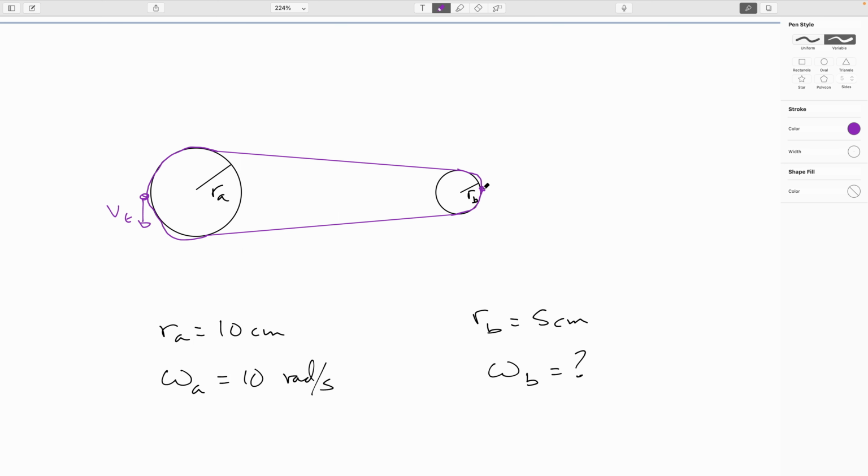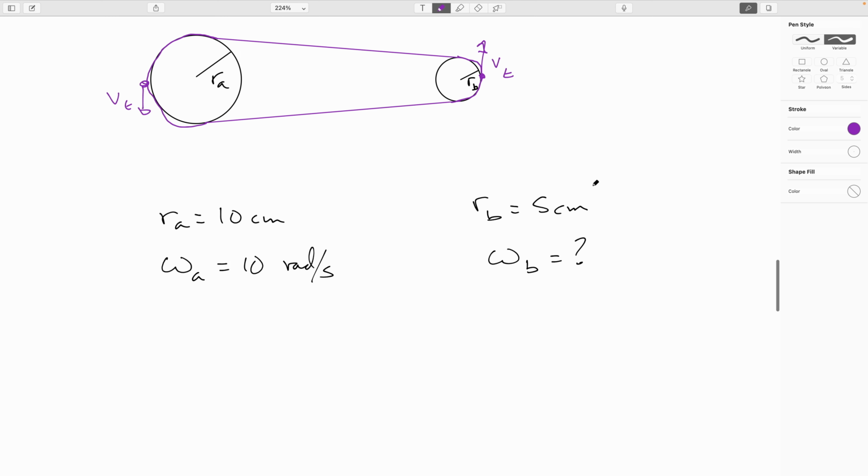And similarly, the fan belt has to be going at that same tangential velocity here. Otherwise, the fan belt would slip. So this means that at the edge of pulley A and the edge of pulley B, the tangential velocities would have to be the same. So we can demand that the tangential velocity for pulley B be equal to the tangential velocity for pulley A.